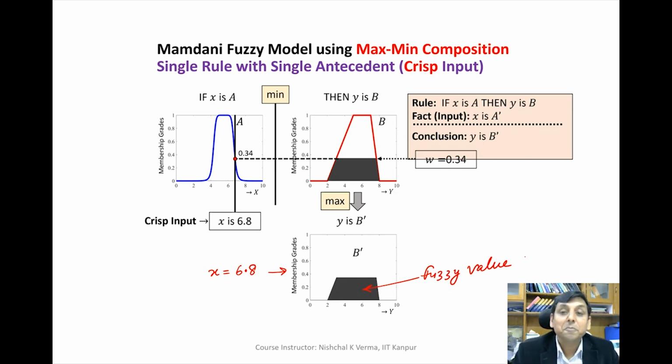So here, this fuzzy model, which is basically having the single rule with single antecedent based on the crisp input, that is x is equal to 6.8, is giving us the fuzzy output, the fuzzy value as the output, which is nothing but B dash.